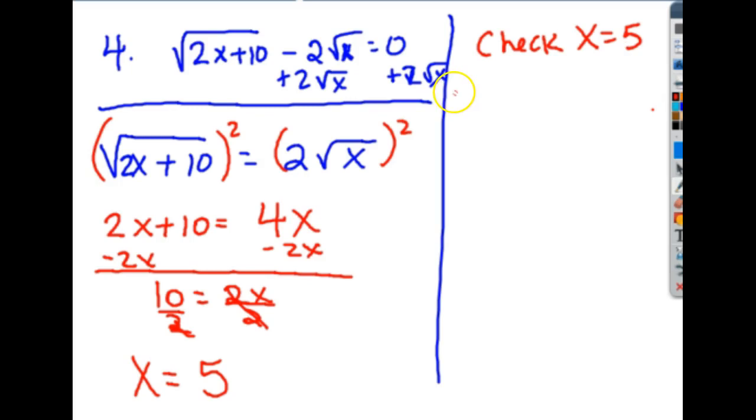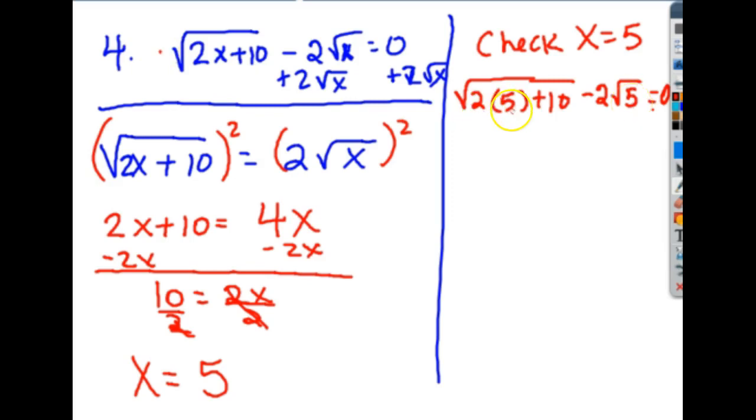So, I need to put in place of the x. I go back to the original problem, and in place of the x, I substitute in the 5s.